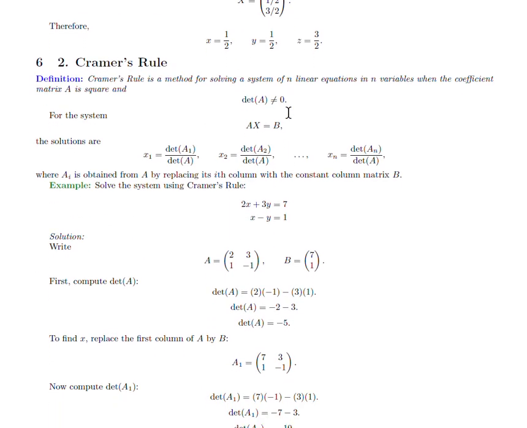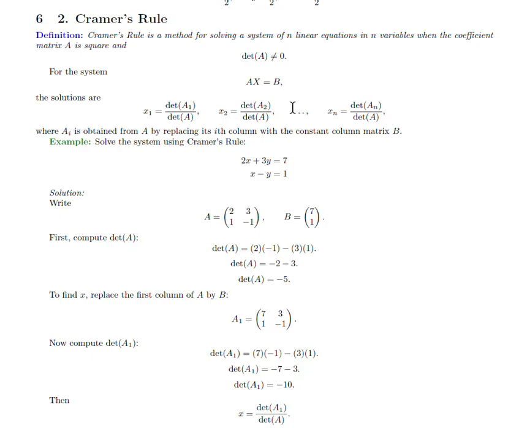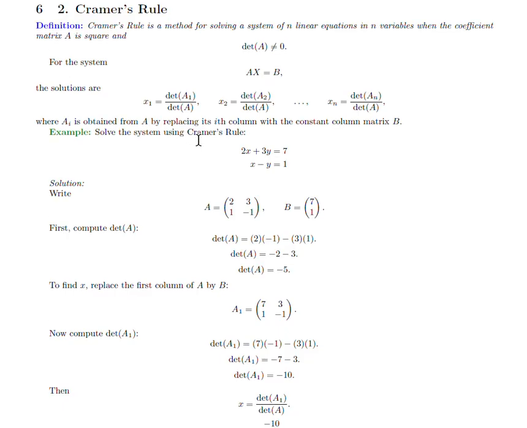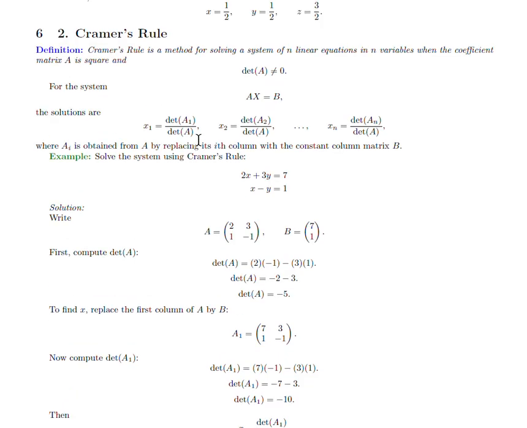So what does Cramer's rule say? Cramer's rule is a method for solving a system of n linear equations in n variables when the coefficient matrix A is square and the determinant is not 0, right? So Cramer's rule is strictly for a system where the number of equations equals the number of variables.